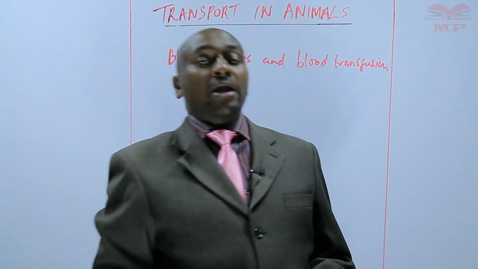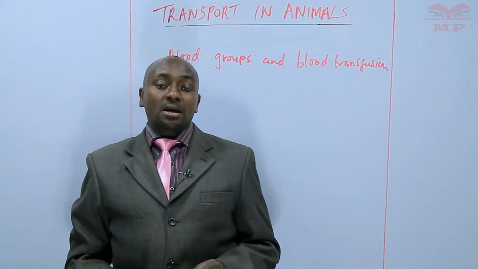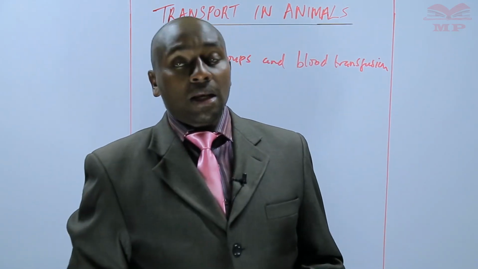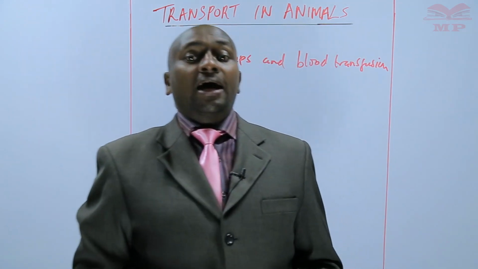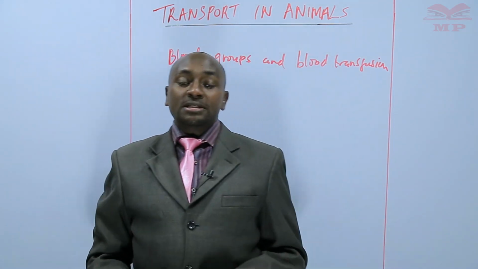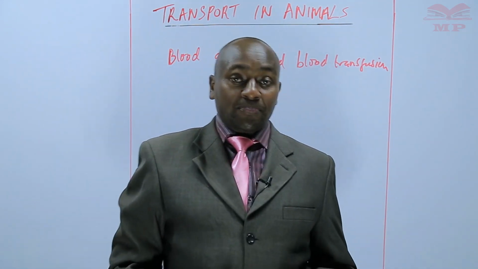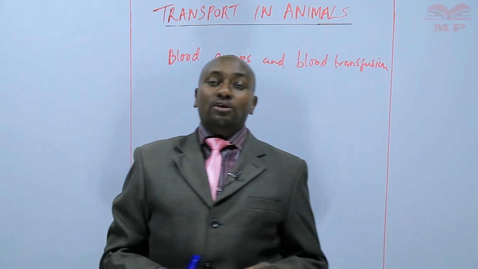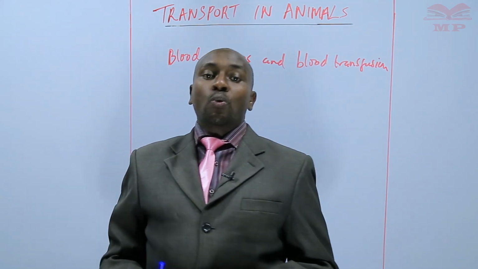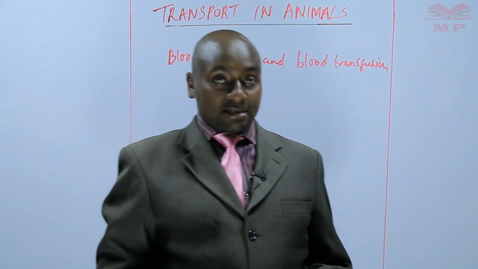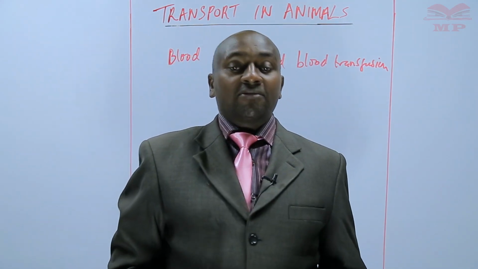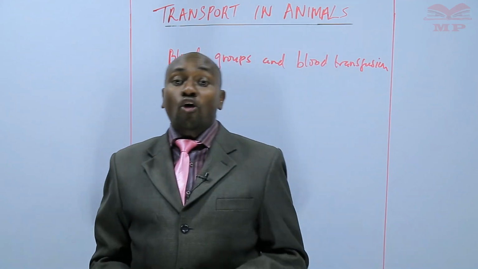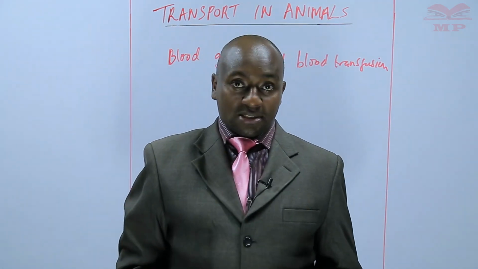We have blood group A, blood group B, blood group AB, and blood group O. Those are four. And those blood groups are determined by certain proteins that are found within the red blood cells called antigens.